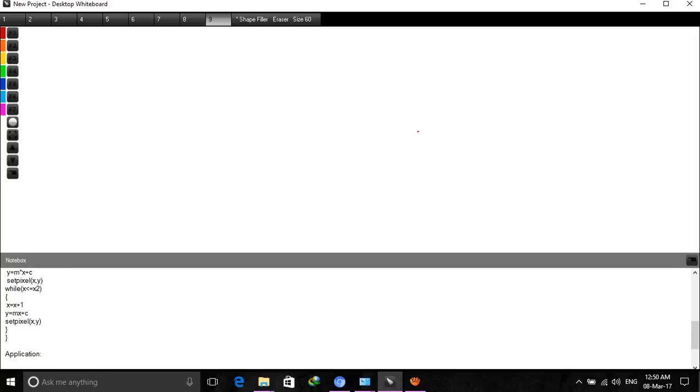First of all, any type of object that contains straight lines, such as a rectangle, triangle or rhombus, you can easily draw with this algorithm.